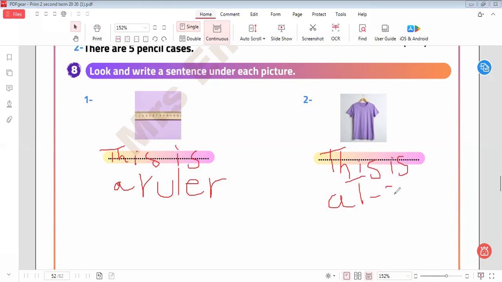You can select the simple sentence to avoid grammar and spelling errors. So here it will be: this is a ruler, this is a t-shirt. I think now it's a simple sentence to be able to write it in your exam.